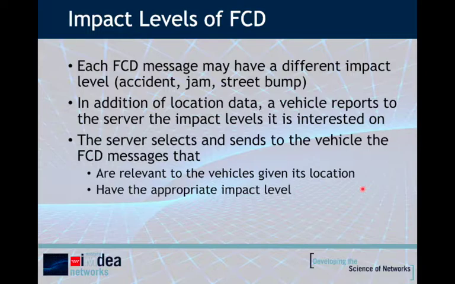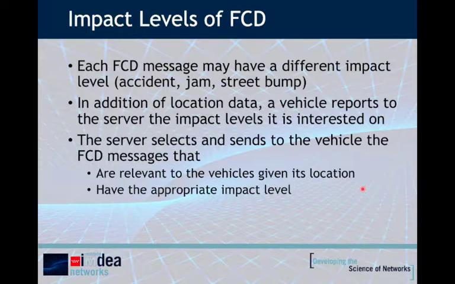We're going to assume that in addition to the location data, a vehicle reports to the server or requests from the server a certain impact level, declaring what level of data it is interested in.